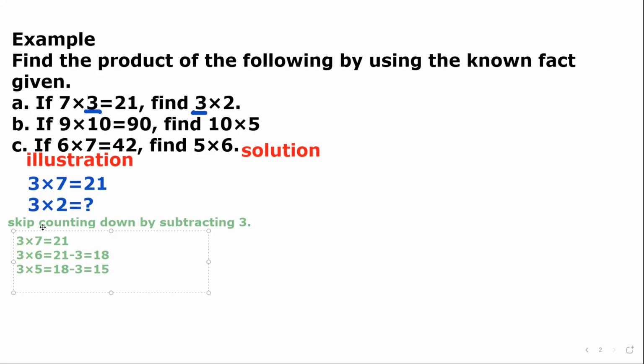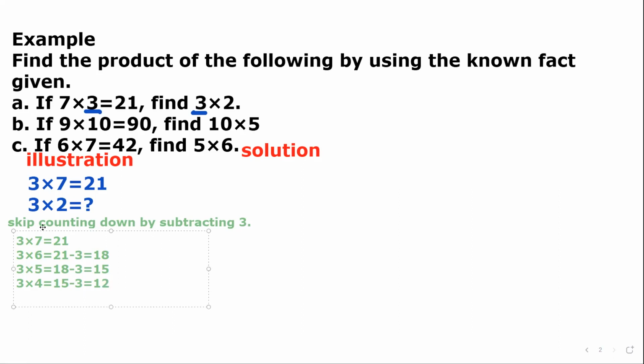Now here, 3 times the nearest number to the 5 when you are descending, which is 4, equal to 15. That is our previous answer, minus the 3. The answer is 12.